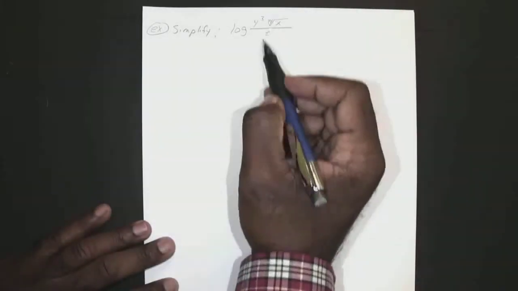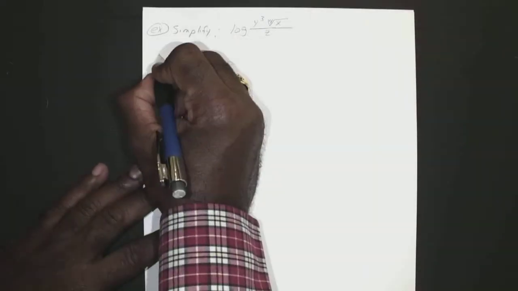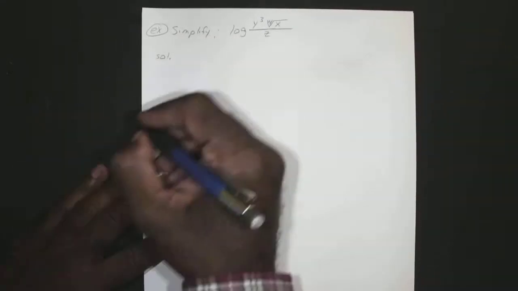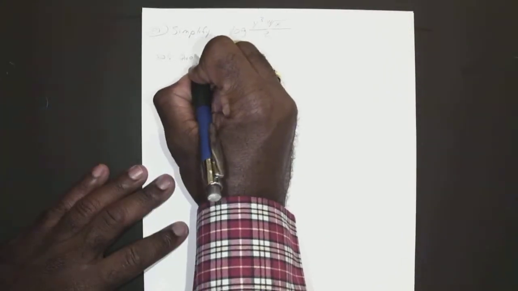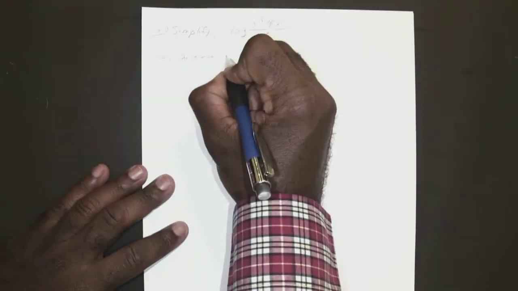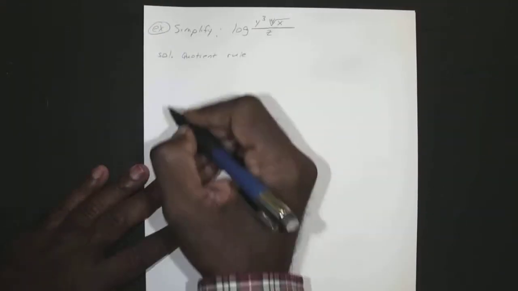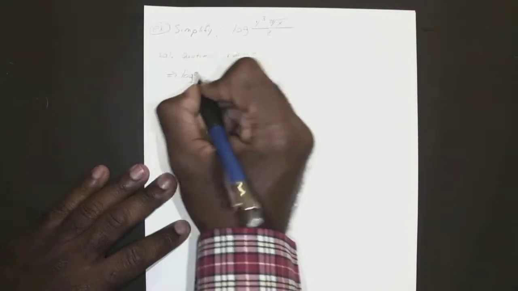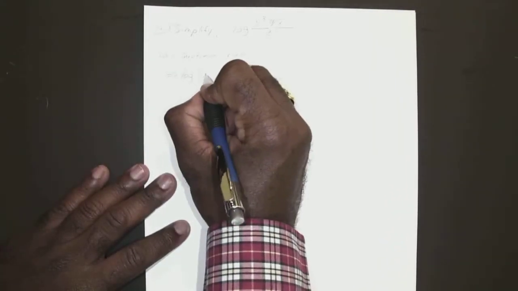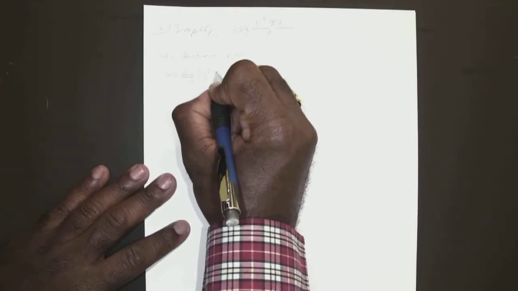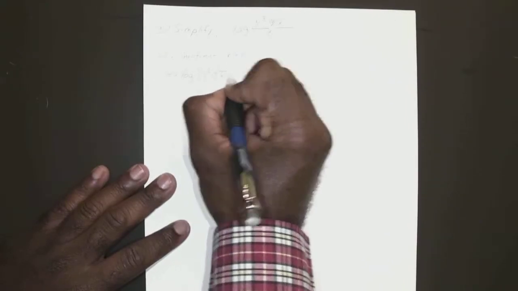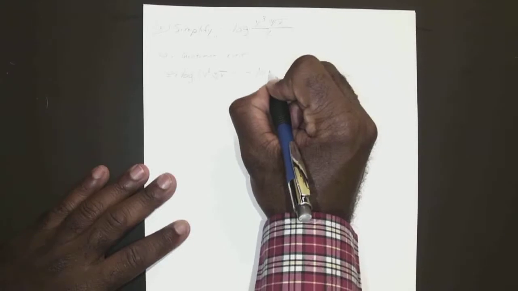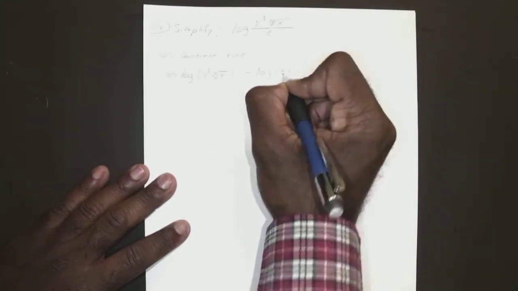Okay, so for this one, you have a quotient. So the first thing you're going to do is apply the quotient rule. So that just becomes log of y to the third, fourth root of x, minus log of z.